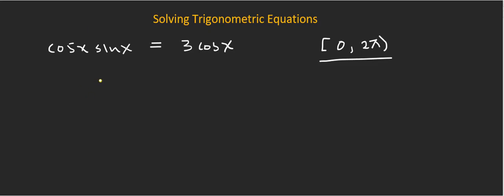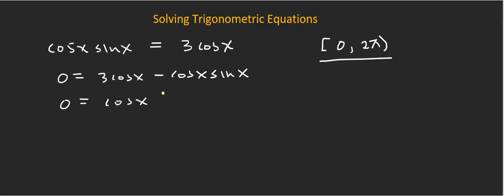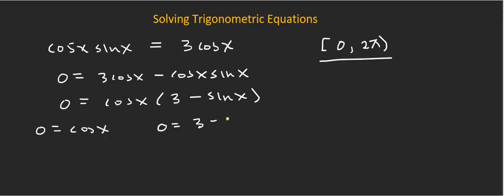So instead, what you need to do is move this term to the other side, and then take out the common factor, which is cosine x. We get 3 minus sine x. So now what you do is 0 equals cosine x, and 0 equals 3 minus sine x.